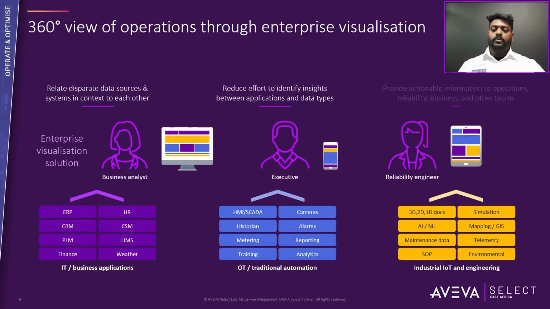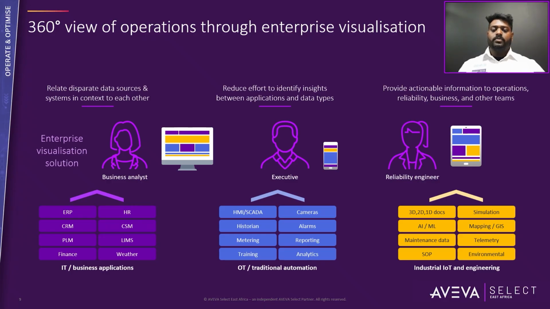You are also provided with a 360-degree view of operations through enterprise visualization. From a business analyst from the IT, to executive from the OT, and lastly, the reliability engineer in the industrial IoT, each of these have their own requirements.